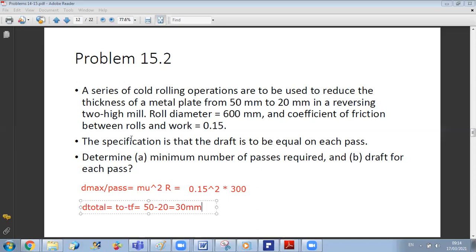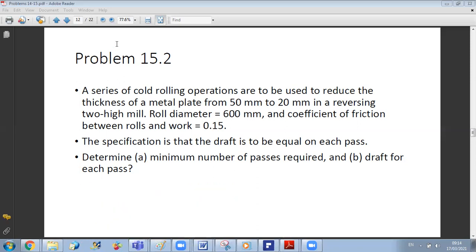So now, to find the minimum number of passes, you can say that the minimum number of passes is equal to the total draft, D total, over the draft per pass, D maximum per pass. This will give you the minimum number of passes required. So let us see the numbers and do the analysis to know how many passes are required.